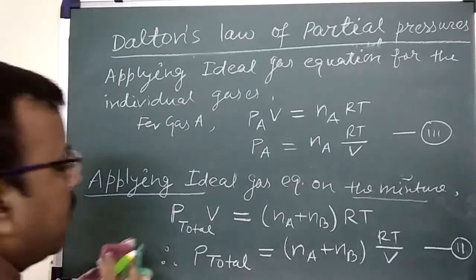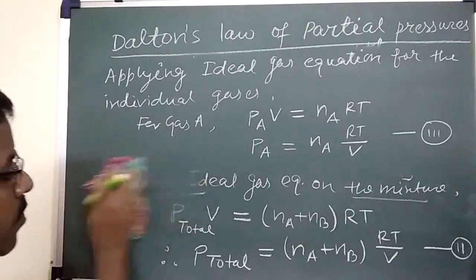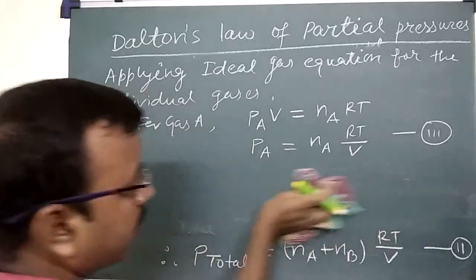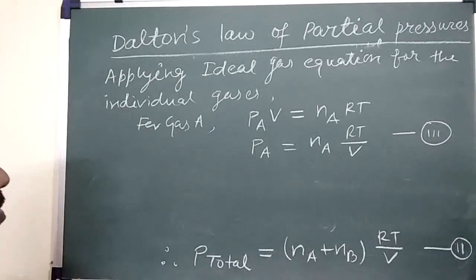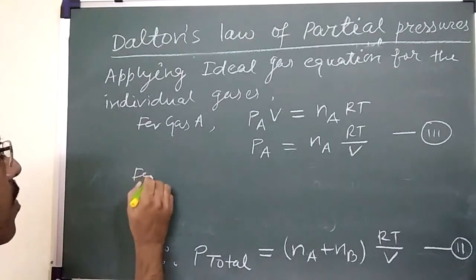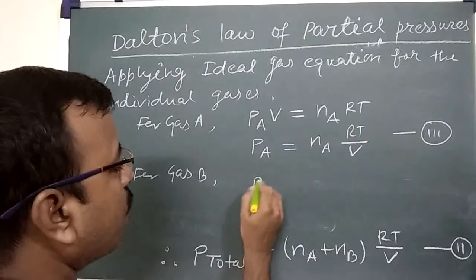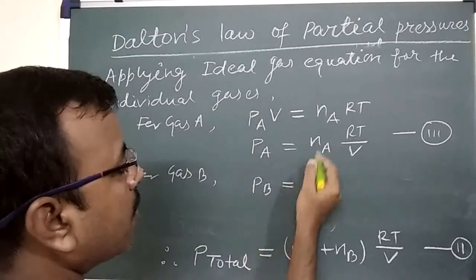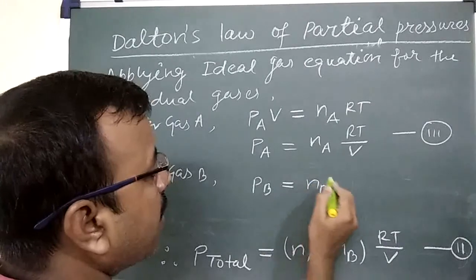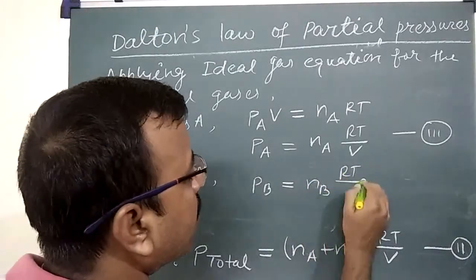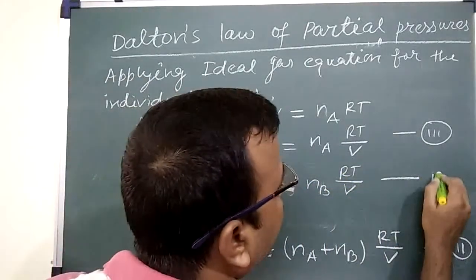Similarly, we can get for gas B. Similarly, PB is equal to the number of moles of B into RT by V. Equation 4.